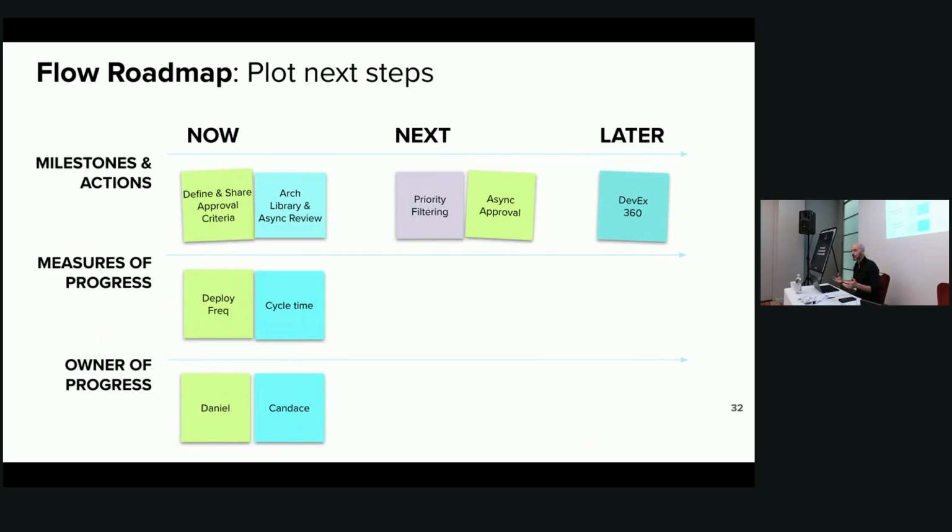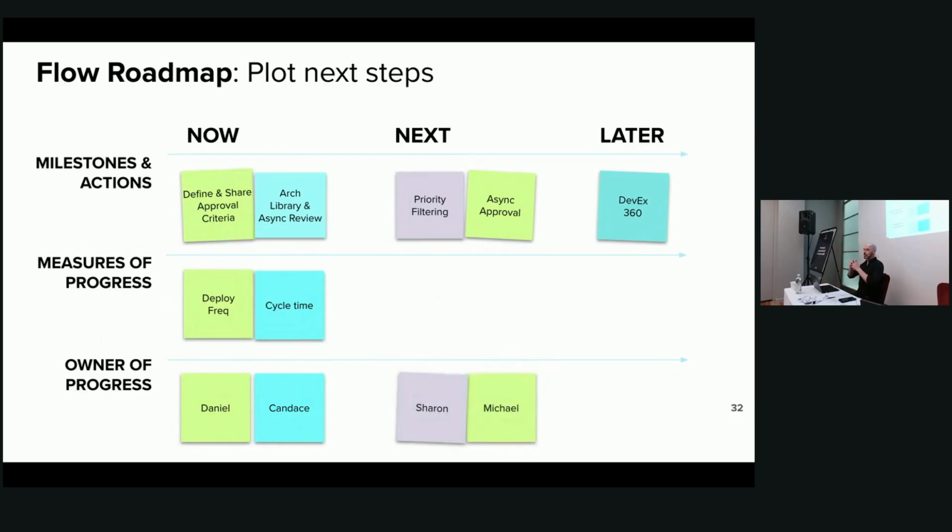We have a person who's nominated themselves or been nominated by the group, depending on your social dynamics. And they're going to basically be the person who reports on the status, who you can go to if you have questions, who's going to be recruiting support and making sure that this progress is actually happening.